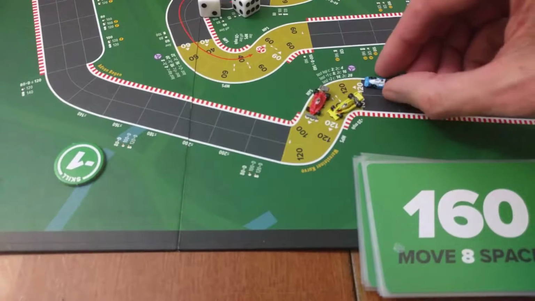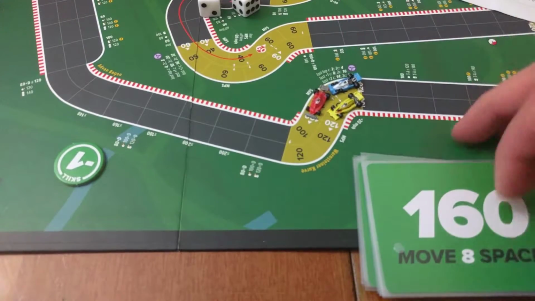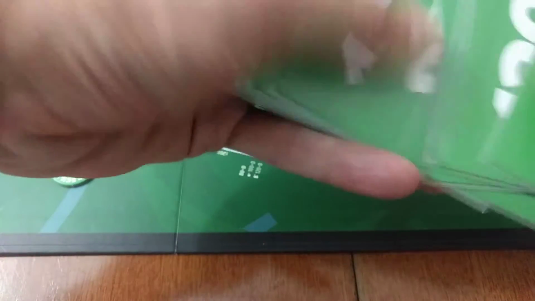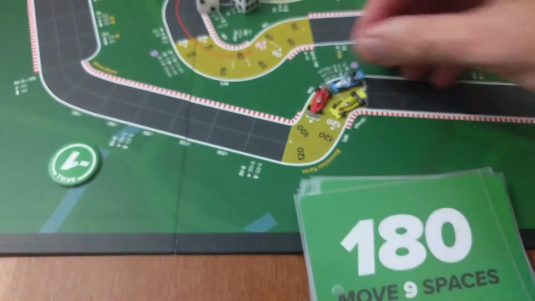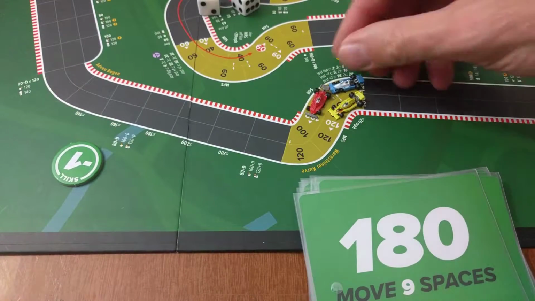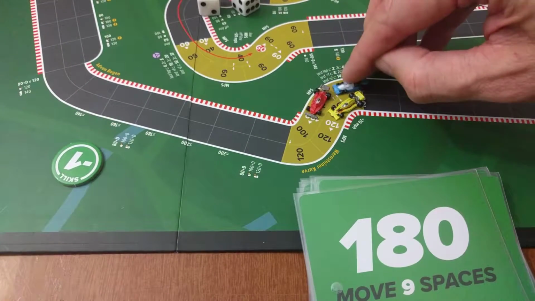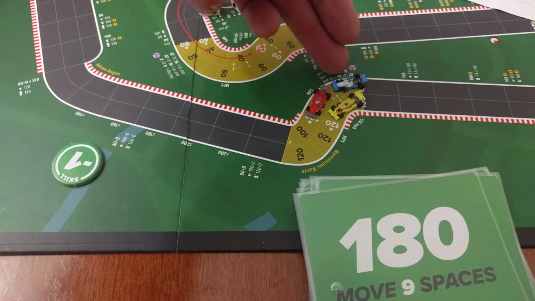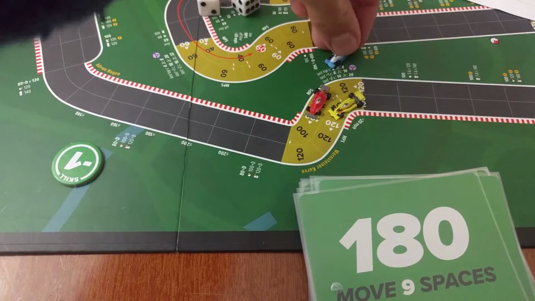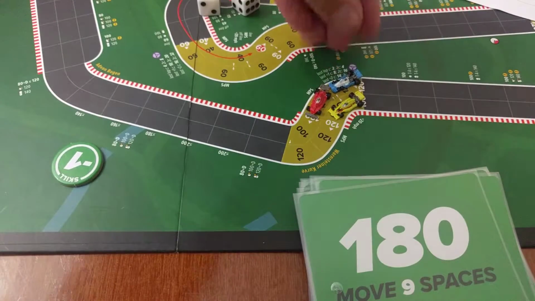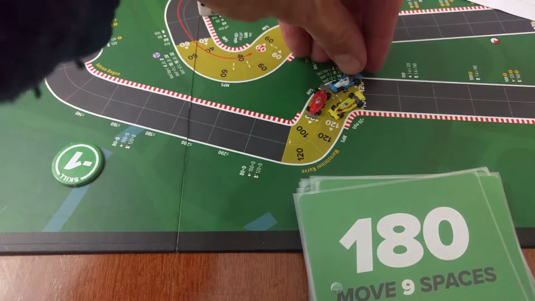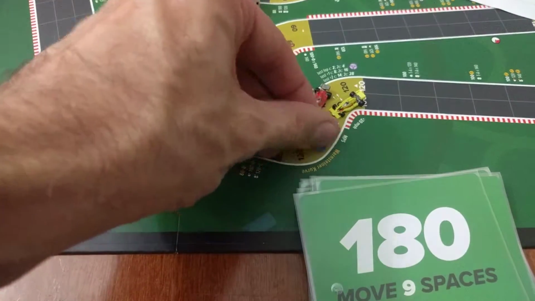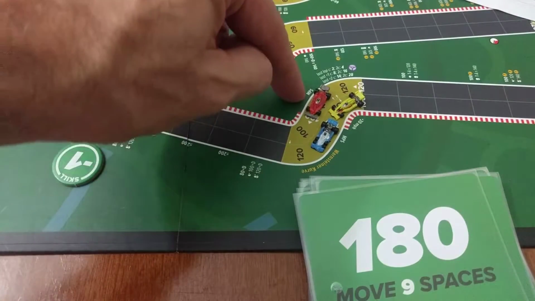So a different scenario would be if the Tyrrell is coming through here at 180, let's say. In this case, the Tyrrell would have to pay for the corner first, because the Tyrrell hits this space before attempting the forced pass. So the Tyrrell would have to do the 2 wear and the chance here and deal with any consequences of that. And if the corner is successful, then it could keep moving, assuming it had enough speed to get through here and attempt the forced pass.